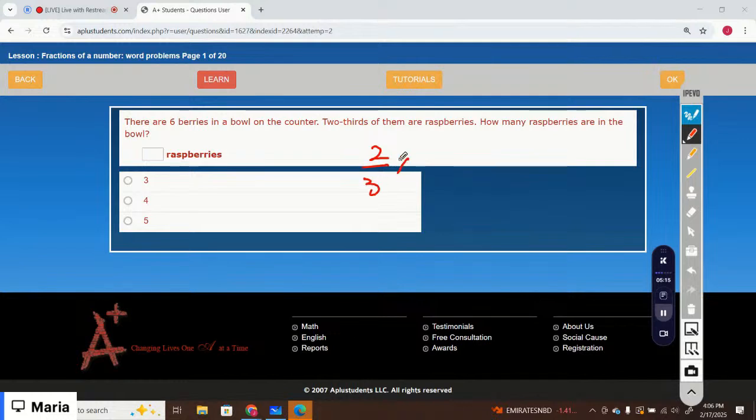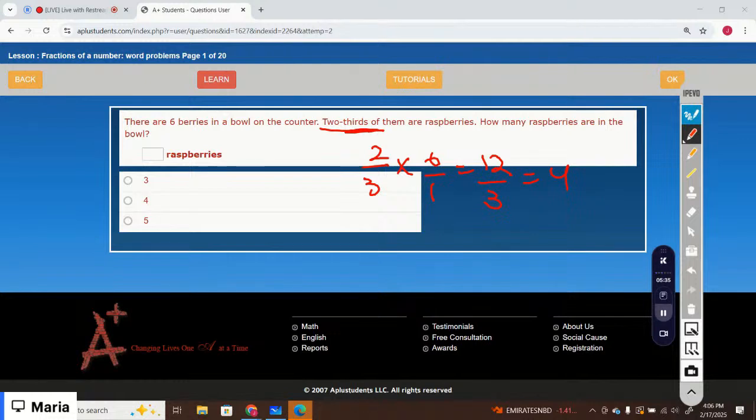2 by 3 times 6 it is, right? 6 times 2 is 12 and 3 times 1 is 3. So 3 times 4 is 12. The correct option is 4. Here you can see two-thirds of them. There are 6 berries in a bowl on the counter. Two-thirds of them are raspberries. How many raspberries are in the bowl?